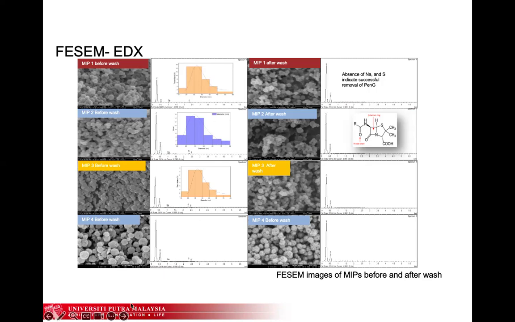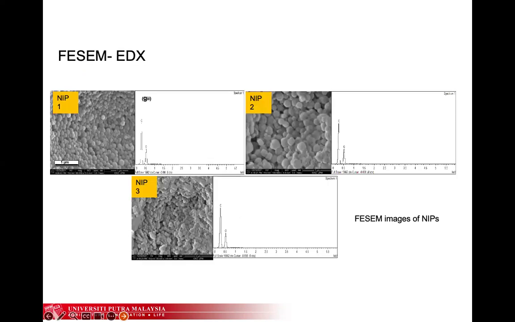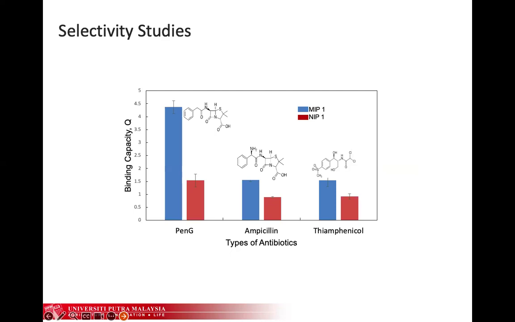I'm not going to talk about the detail of the results; this is the highlights. You can see some porosity, but the best porosity measurement is through BET analysis. I'm not sure whether we have it or not, but this is the most important.